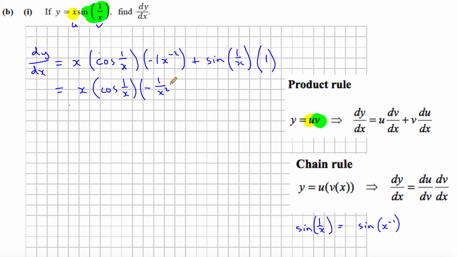If I bring the x to the minus 2, put it as 1 over x squared, plus the sine of 1 over x. So that's my dy/dx.